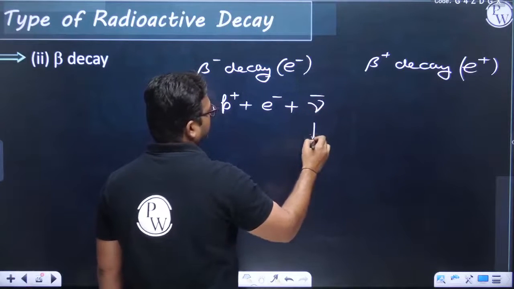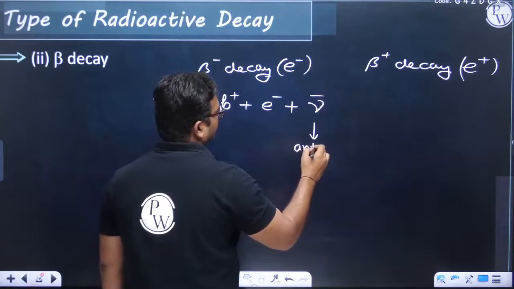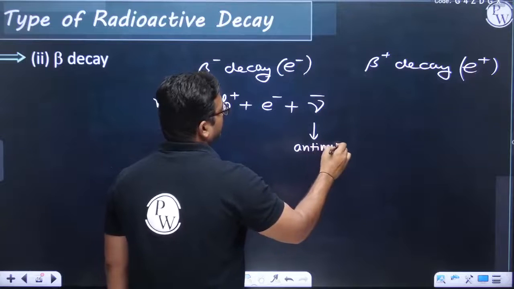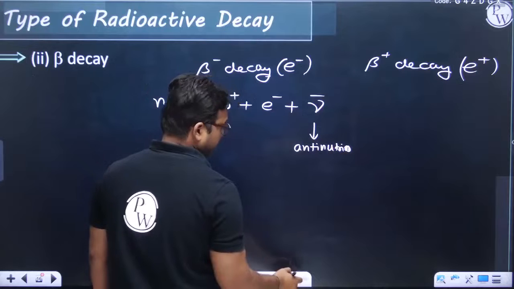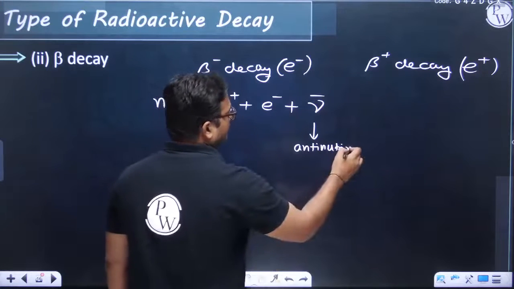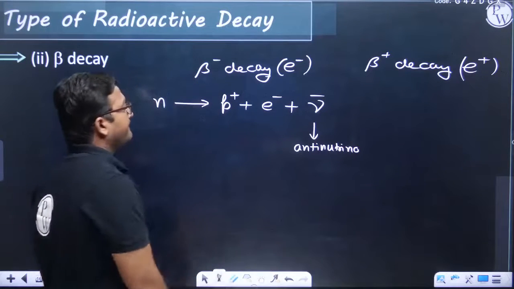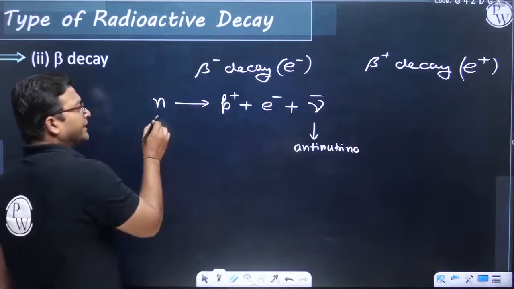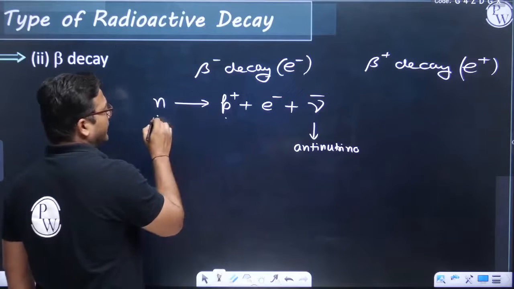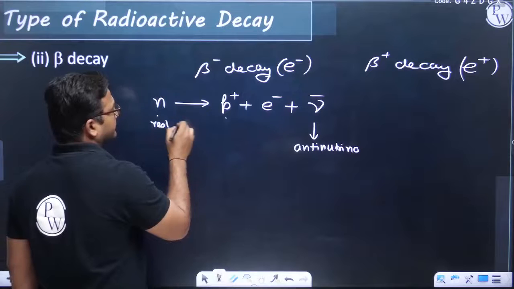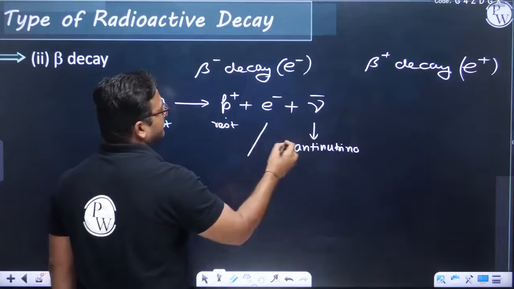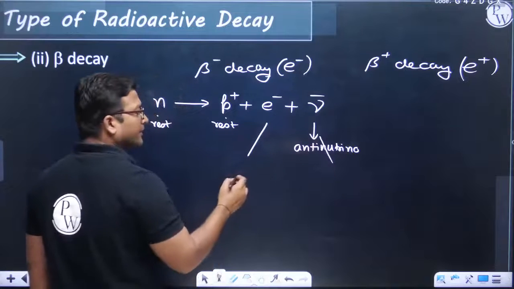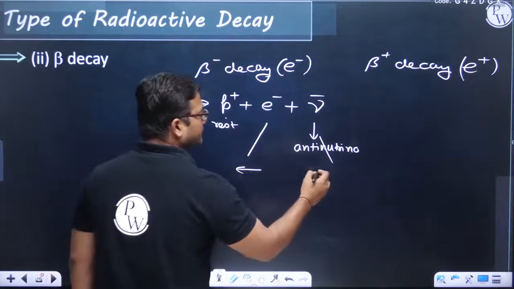This is inside the nucleus, so they are almost at rest. And these two escape from the nucleus, obviously in opposite directions to conserve momentum.